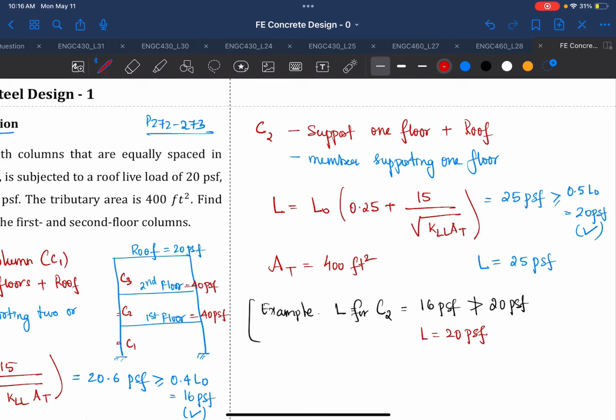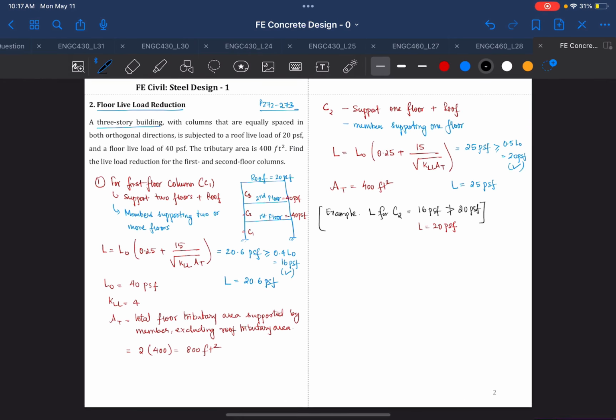So if you meet the requirement to consider a floor live load reduction, then what will be your live load for this example? If you use the formula and you find that your L is 16 psf and it is less than 0.5 L naught, in that case your floor live load will be 20 psf, which means that you'll be designing for 20 psf and not for 16 psf. Okay, so that's what that condition means. So that is your floor live load reduction.